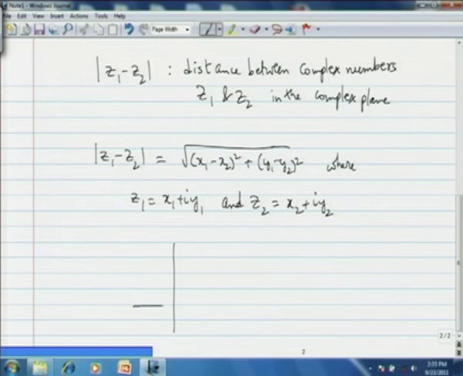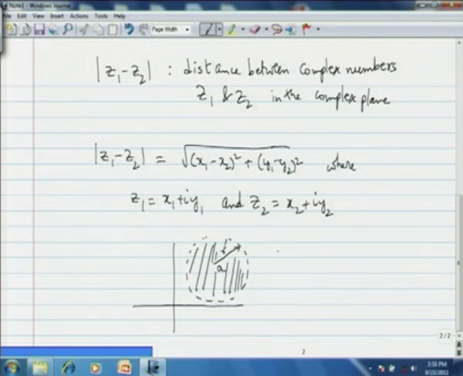Suppose this is your complex number A, and r is some positive number. Then it is the set of all numbers which are less than r away from this complex number A. The shaded region is the required region. So, this is B(A, r).